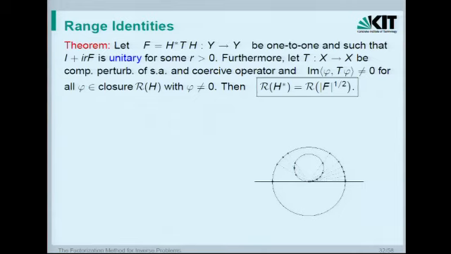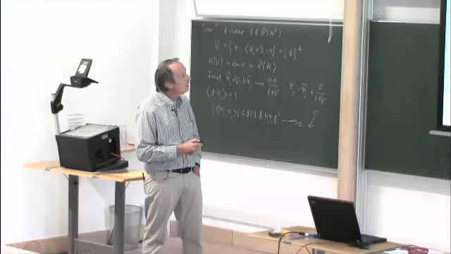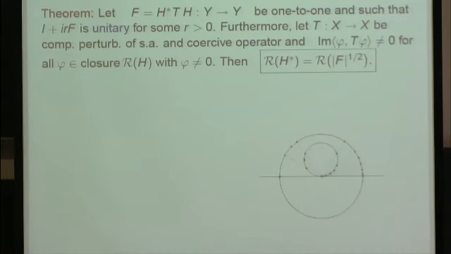It's still a functional analytic theorem, but it is modeled on our scattering problem. So now we have the same situation, and in addition we assume that I plus i r F is unitary, for some r positive. In our application, r would be k over 2 pi.